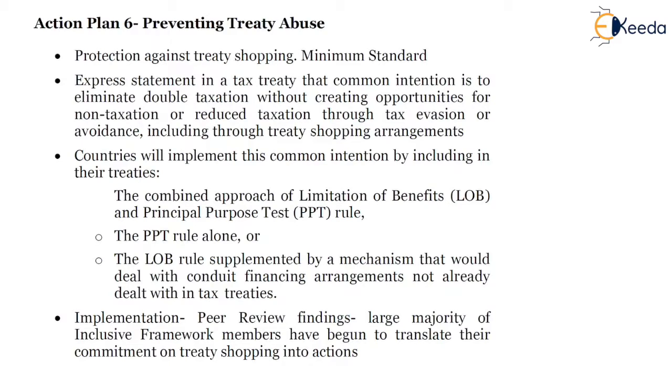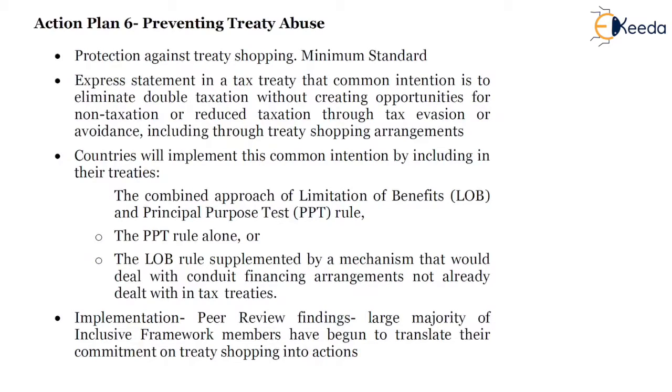So in order to prevent such type of treaty abuse wherein transactions are structured only to obtain a treaty benefit between country to country, and such treaty benefit will be available country to country. It may be between A to C, B to C, or between India, Mauritius, India, Singapore, India, US.